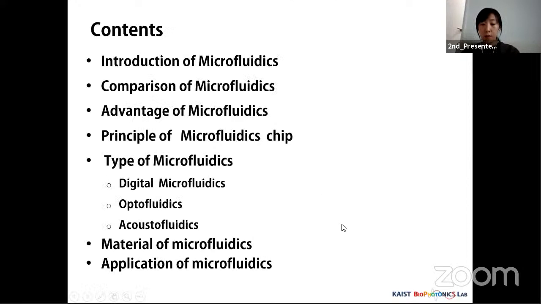The content is from the introduction to microfluidics. I will explain the comparisons, advantages, principle, and types of the material. I will also explain the applications that can be used.